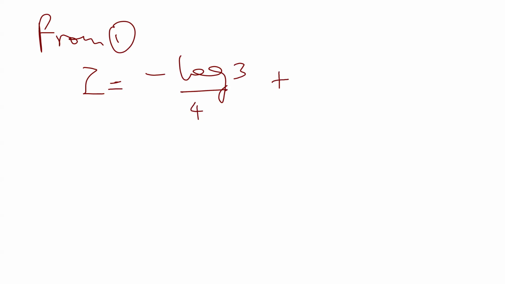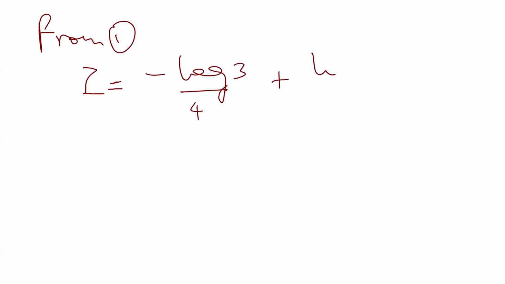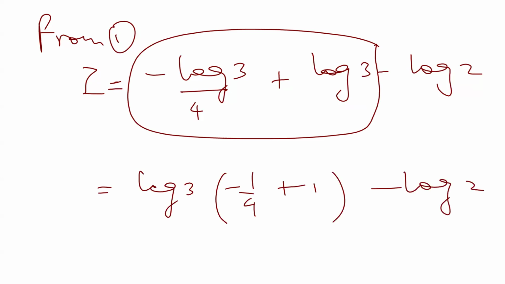What is I2? Log 3 minus log 2. Okay. Now solve this. Take log 3 common: minus 1 by 4 plus 1. So 4 minus 1, that is 3.